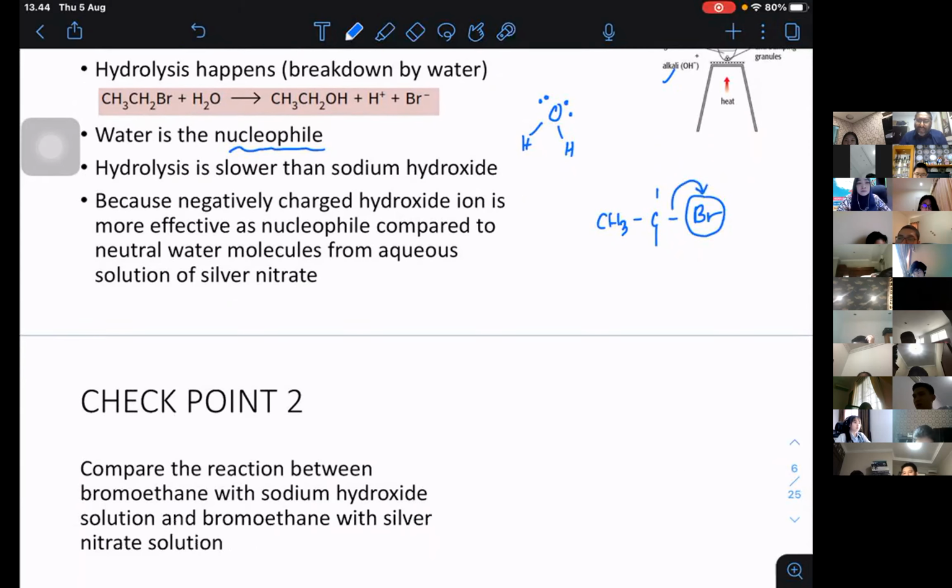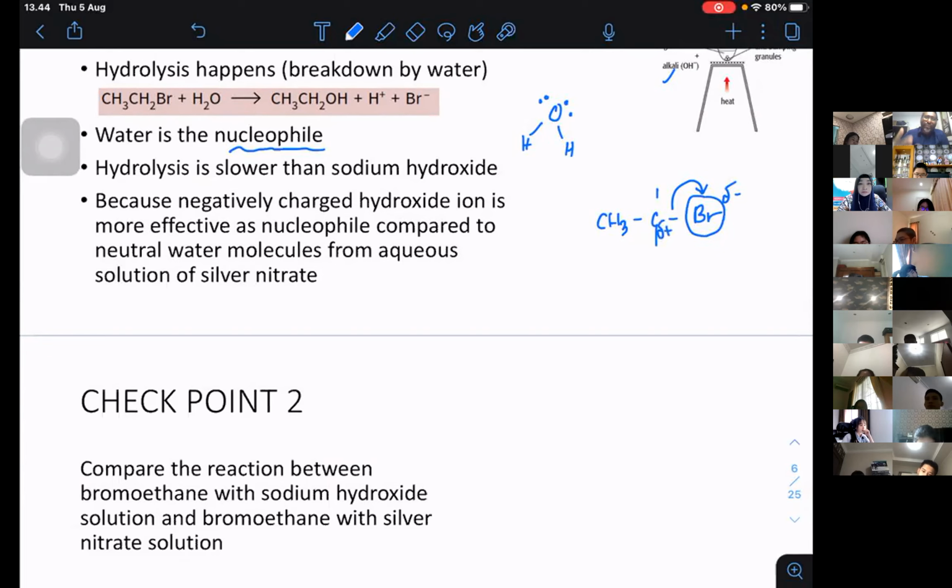That is the definition of electronegativity: the ability to attract the bonding pair of electrons in a covalent bond. So when the electrons go over there, the Br is going to be delta negative, partially negative, and the carbon will become partially positive.